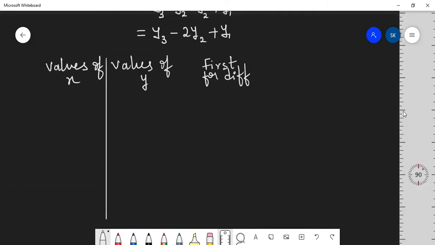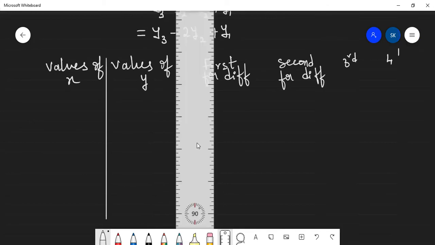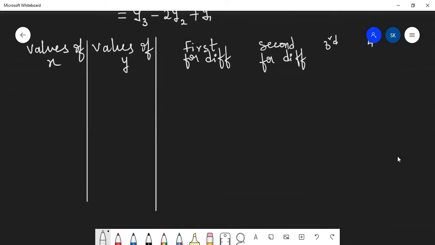Then I'll have the second forward difference, then third, then fourth, and so on. Right? I'll just draw a line for y values also. Now, what were the values we took for x?